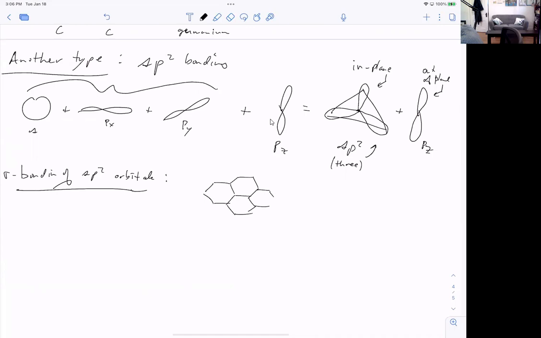And so you get this honeycomb bonding because each intersection has these three sp2 orbitals or bonds. These bonds are actually sigma bonds made out of sp2 orbitals.